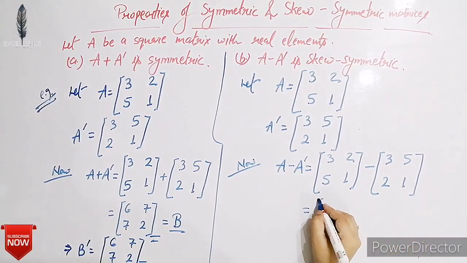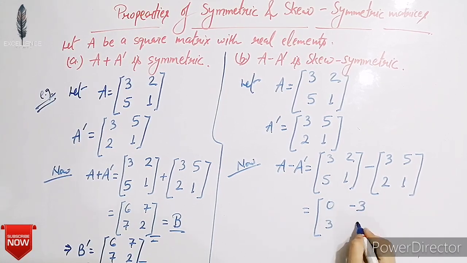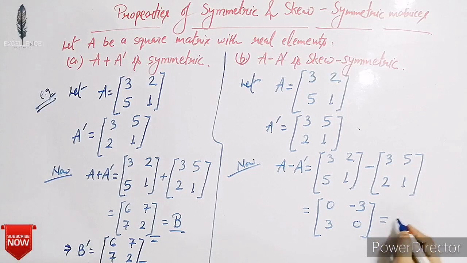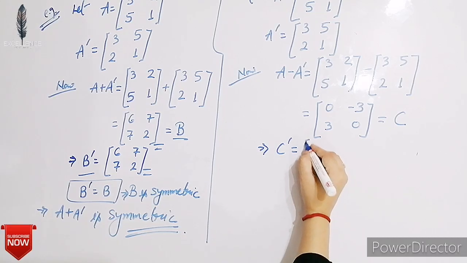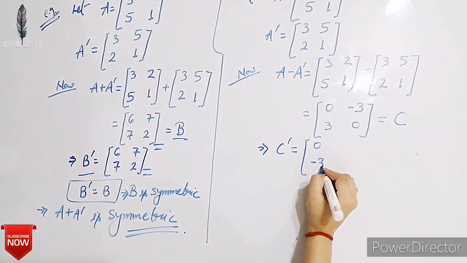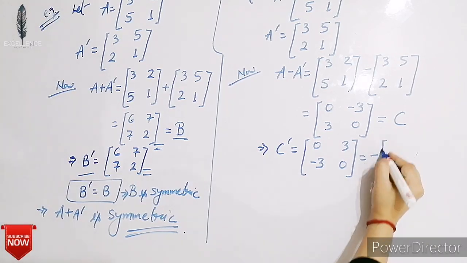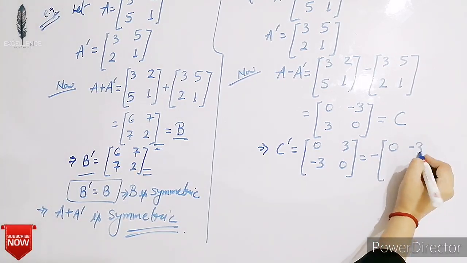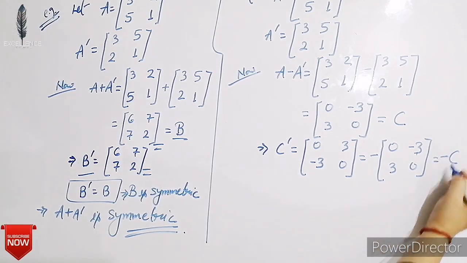On subtracting the corresponding elements, we have 3 minus 3, 0, 2 minus 5, minus 3, 5 minus 2, 3, 1 minus 1, 0. Let it be C. A minus A dash equals C. Now, C dash is 0, minus 3, 3, 0, taking minus common, that is minus of 0, minus 3, 3, 0, which is equal to minus C.